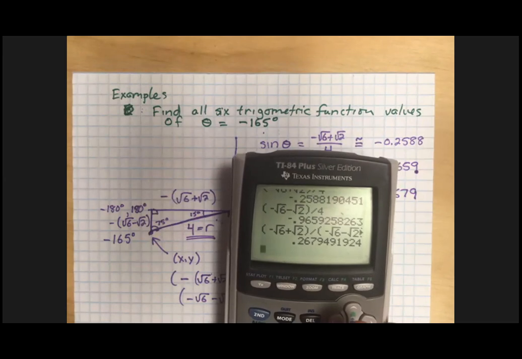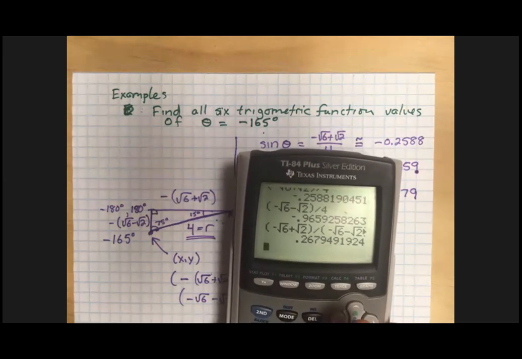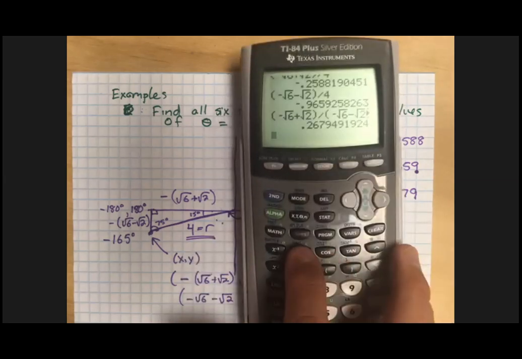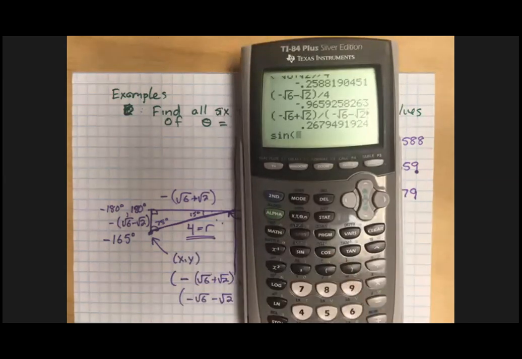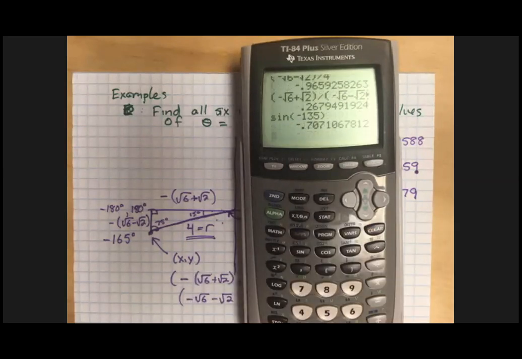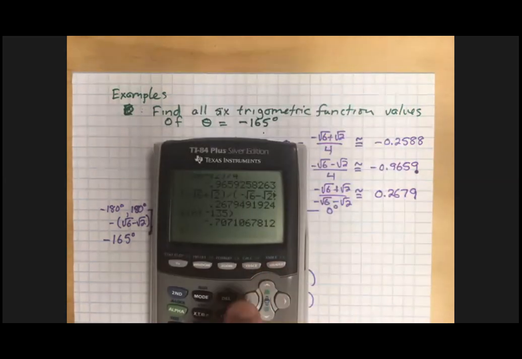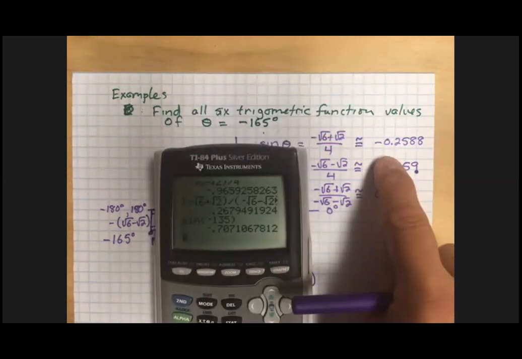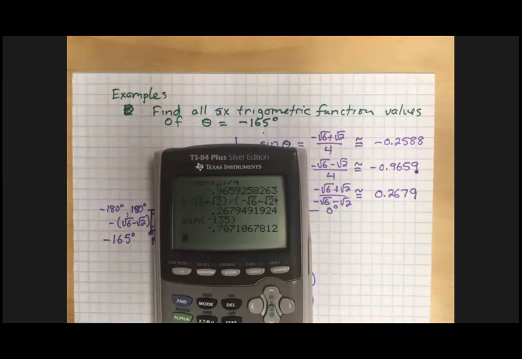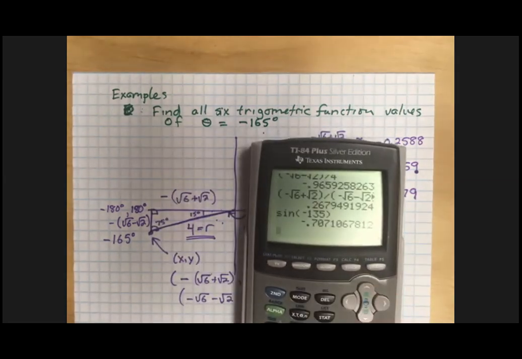So you can enter these numbers and approximate them on your calculator too. By the way, I could also ask the calculator what the sine of minus 135 degrees is. Now, I have to be careful. That is not minus 135, minus 165, excuse me.